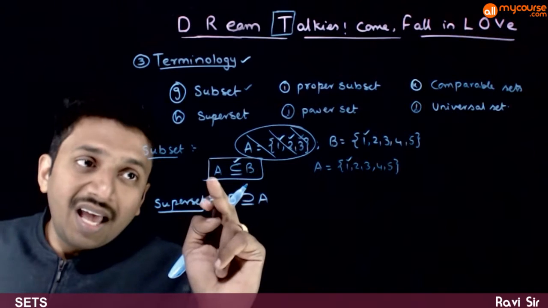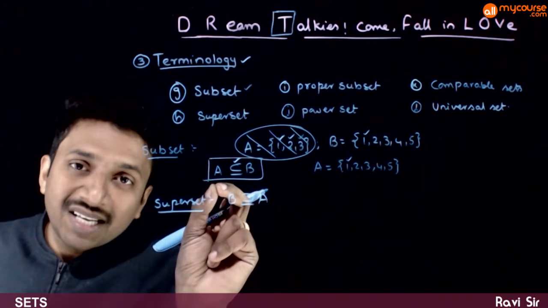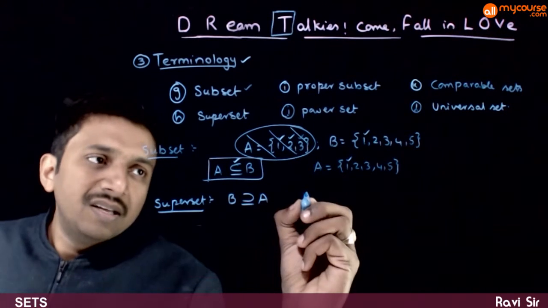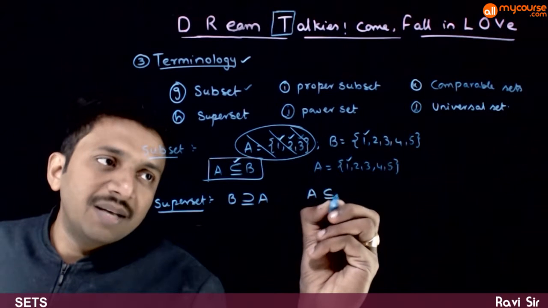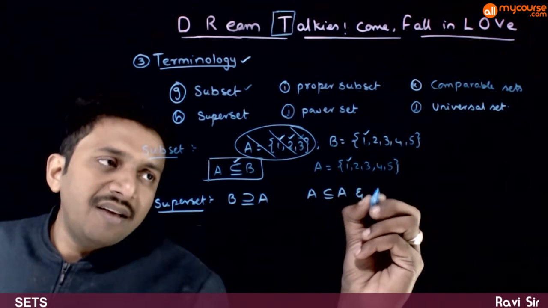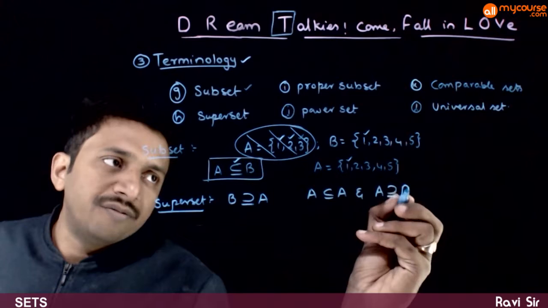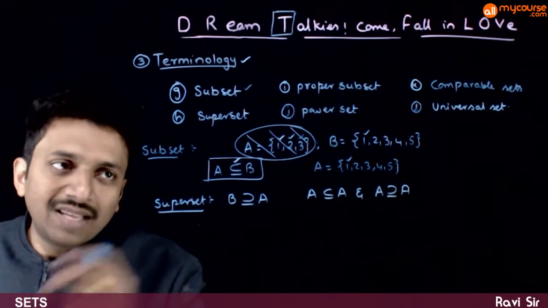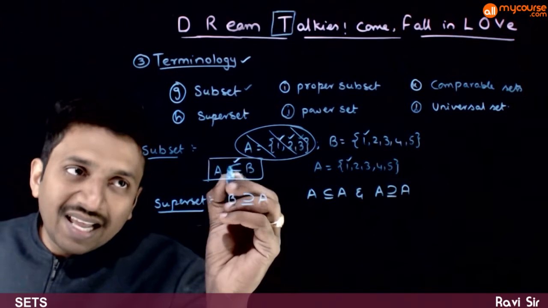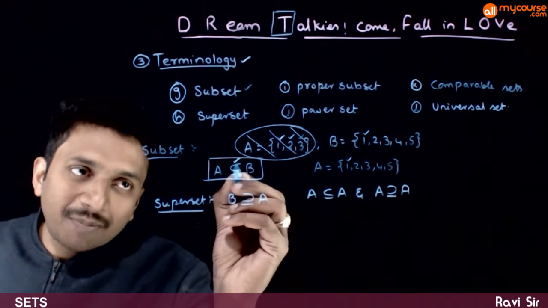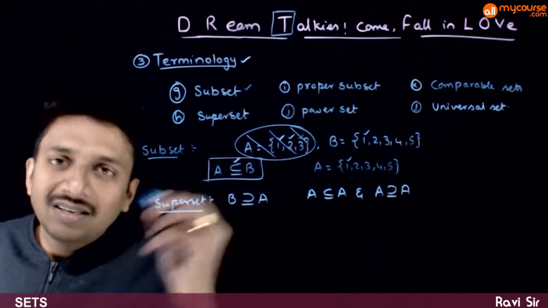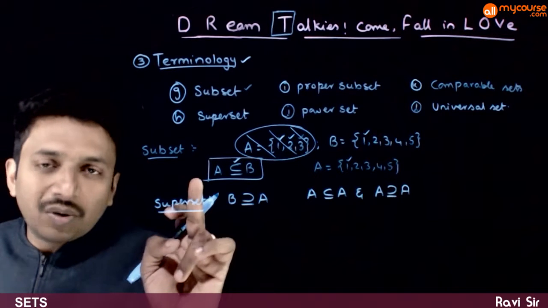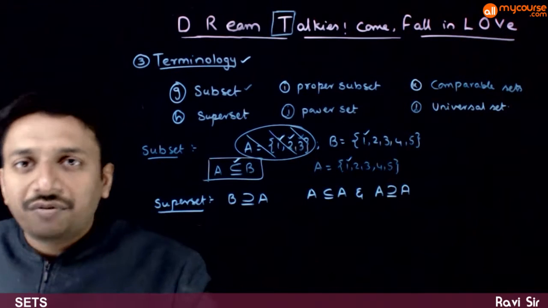That is, every set is a subset of itself, and every set is a superset of itself, because the definition is being satisfied. That's why we write something like less than or equal to. This is not a sharp less than, this is a smooth less than. So A is a subset of B, B is a subset of A.